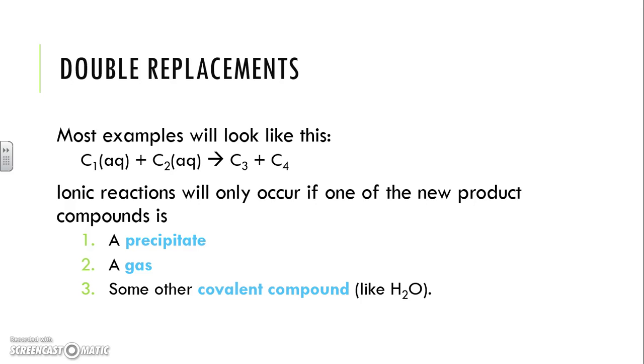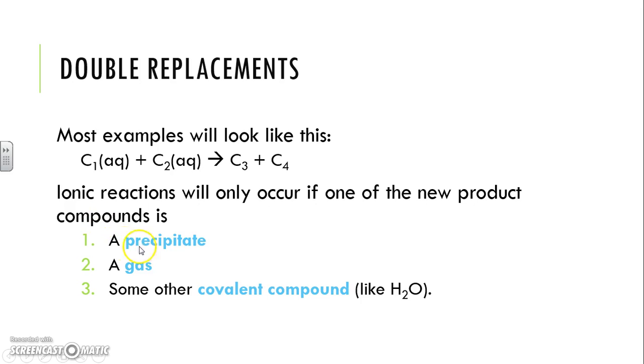An example would look like compound 1 in aqueous solution reacting with compound 2 in aqueous solution and forming compounds 3 and 4. Now, when something is in aqueous solution, that means it's dissolved and dissociated, like the salts we talked about at the beginning of this lecture. So all of the ions are floating around in solution. So the ionic reaction of a double replacement will only occur if one of the new compounds is not in aqueous solution.